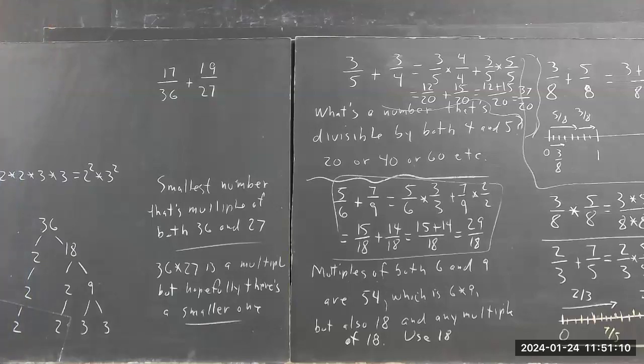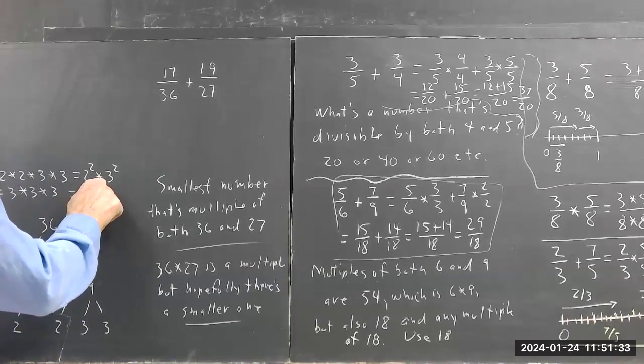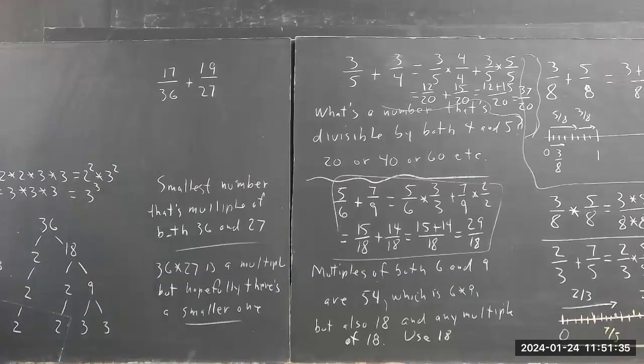It doesn't necessarily make any sense unless you see something else. Now, 27, we do the same thing. We get 3 times 9, which is 3 times 3 times 3. Which, of course, we could write as 3 cubed. Okay.